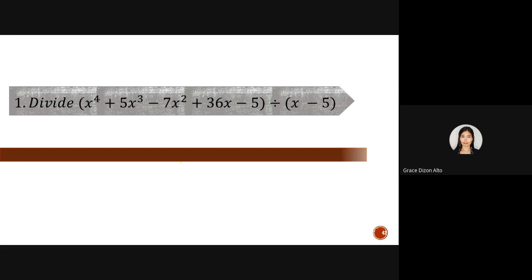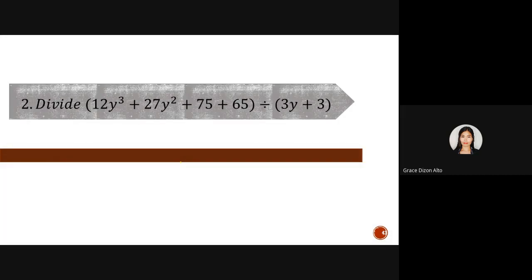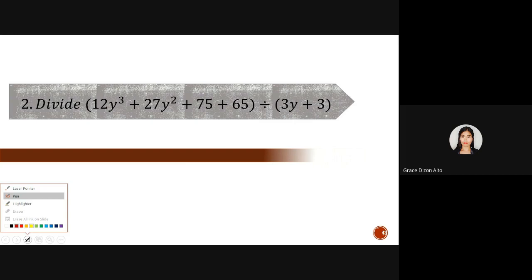Okay, so we have here your activity. Number 1, you are expected to answer x cubed minus 7x plus 1. Number 2, 12y cubed plus 27y squared plus 75y plus 65 divided by 3y plus 3.